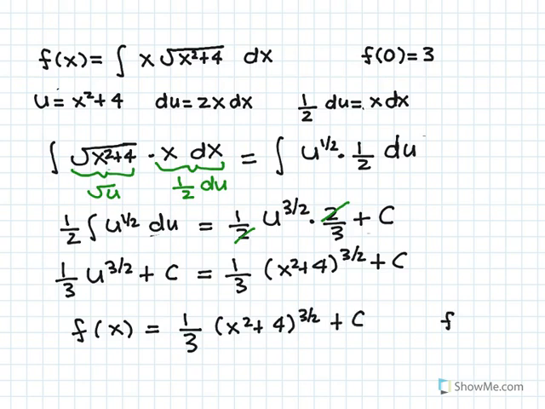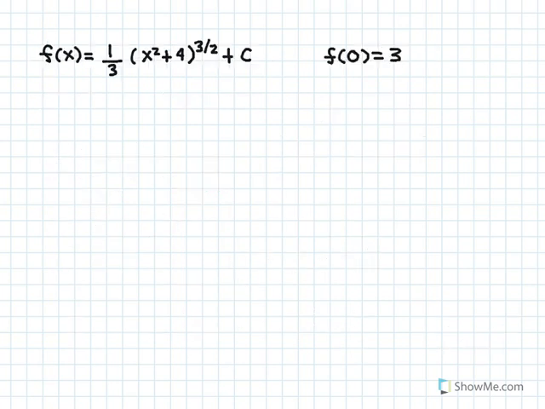We also know that f of 0 is equal to 3. So the only thing that remains to do is to find this constant c. Alright, so we have f of x is equal to 1/3 times x squared plus 4 to the power of 3/2 plus c, and f of 0 is equal to 3. We're going to plug in x equals 0. f of x is equal to 3.